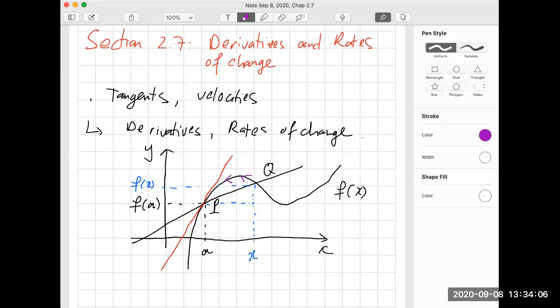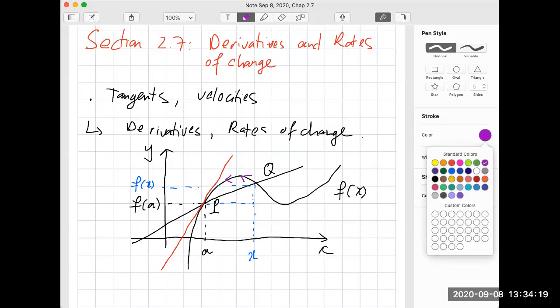If it comes closer, the line PQ will approach the red line here, and this is called the tangent line.